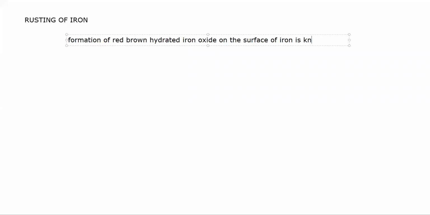is known as rust. And why does rusting of iron occur? When rusting of iron occurs, it reduces the strength of iron. What's the reason for that?